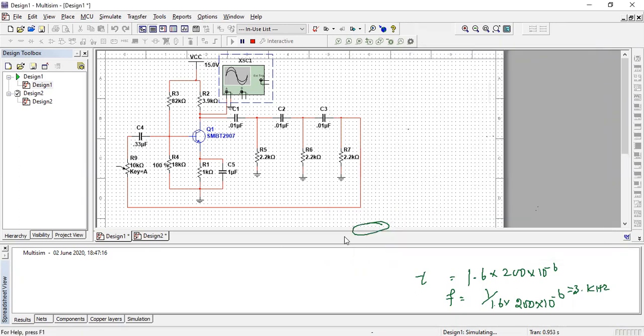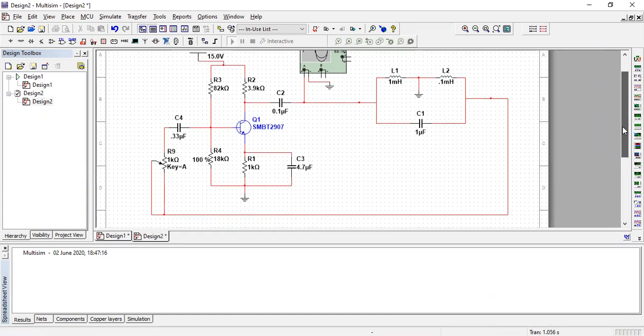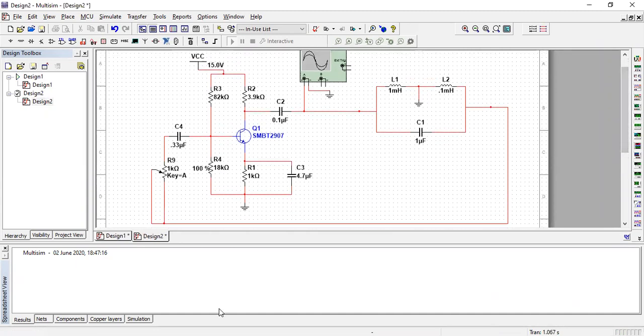Now we are going to discuss the next oscillator circuit, the Hartley oscillator. We know that an oscillator circuit is a combination of an amplifier circuit and a feedback network circuit. Previously, the network was based on an R and C combination.